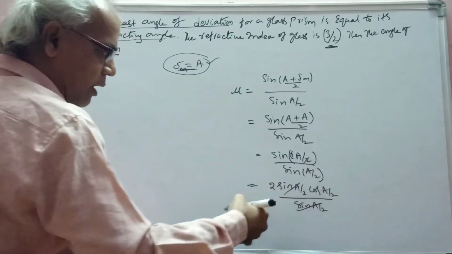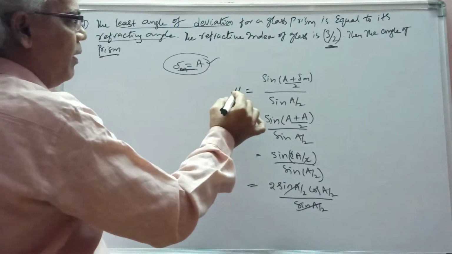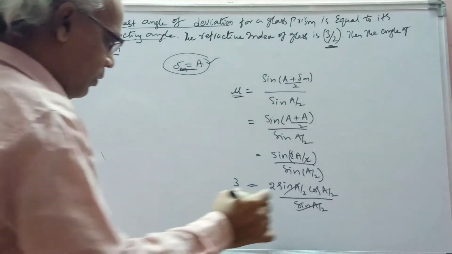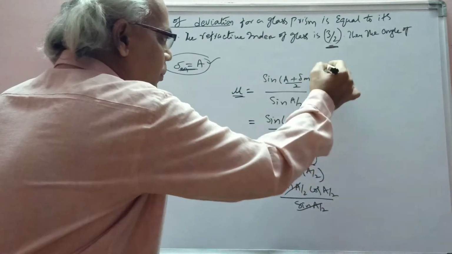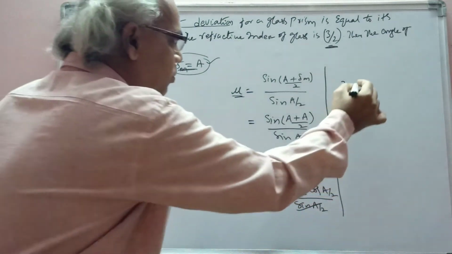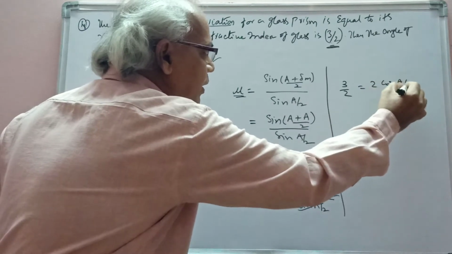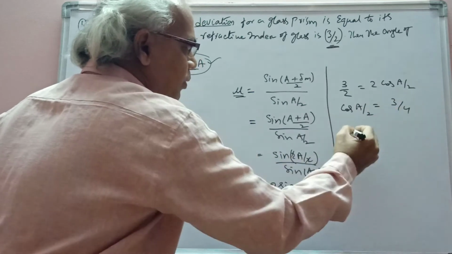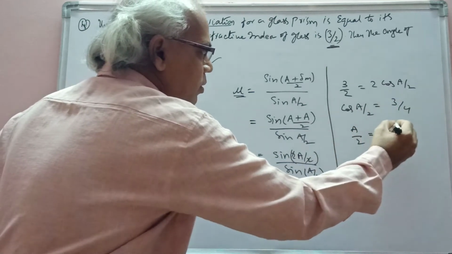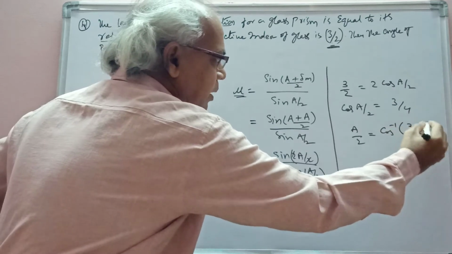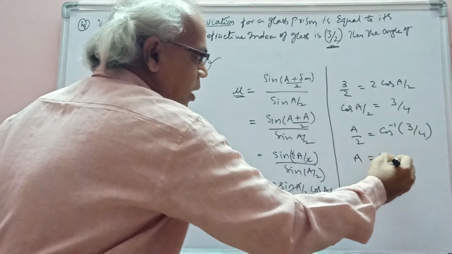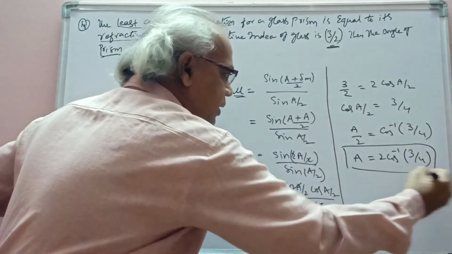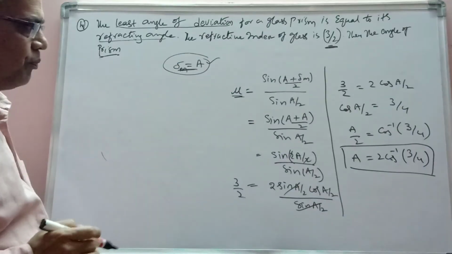The sin A by 2 terms cancel. The refractive index of the prism is given as 3 by 2, so 3 by 2 is equal to 2 cos A by 2. Cos A by 2 is equal to 3 by 4. A by 2 is equal to cos inverse 3 by 4. A is equal to 2 cos inverse 3 by 4. So this is the angle of the prism.